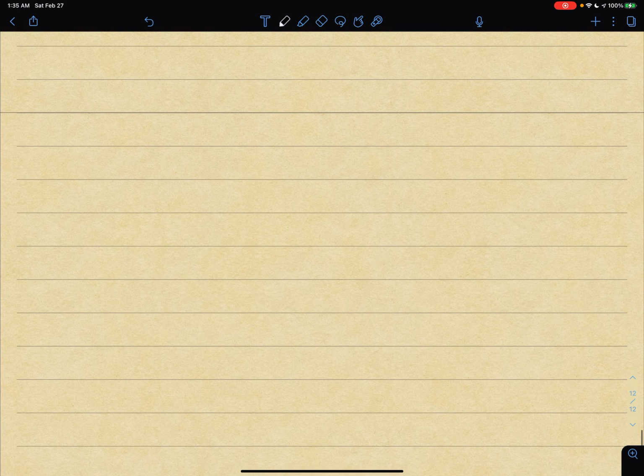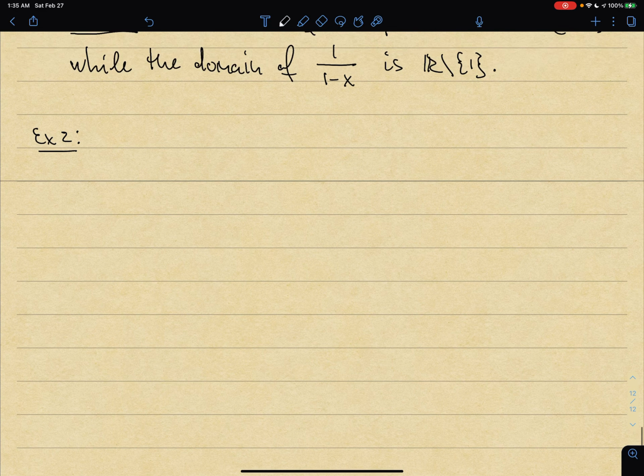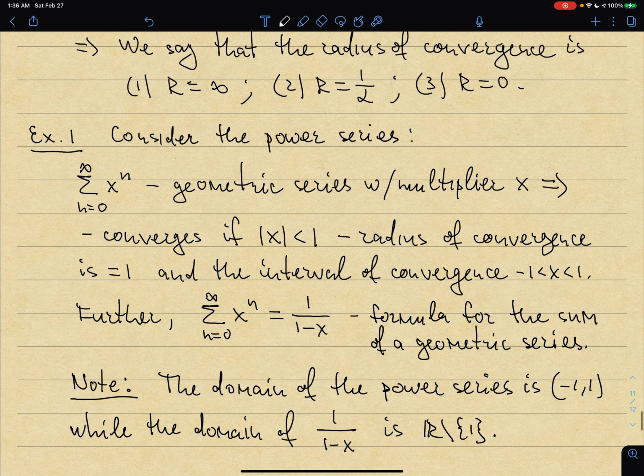Let's do example number 2, same question. And now what I want to consider is the following series. By the way, I forgot to mention or draw your attention to it. In this case, not only are the coefficients 1, but the series also is centered at 0, because there is no x0, right?